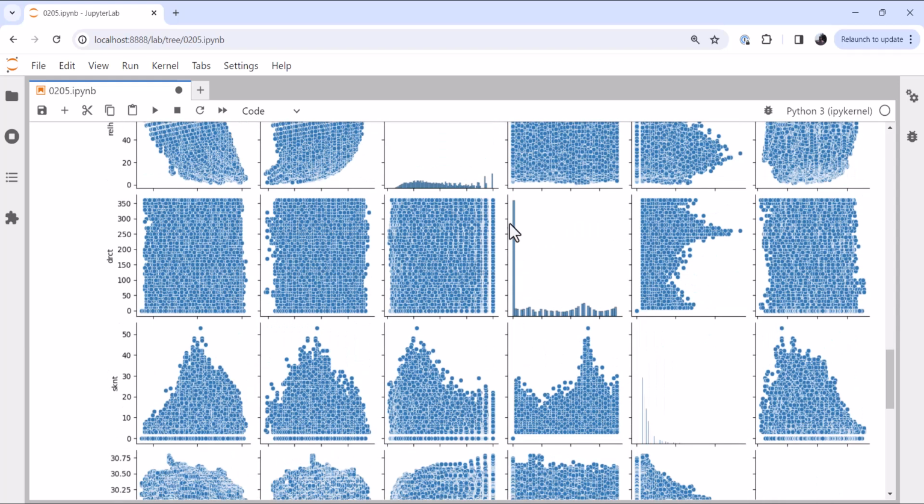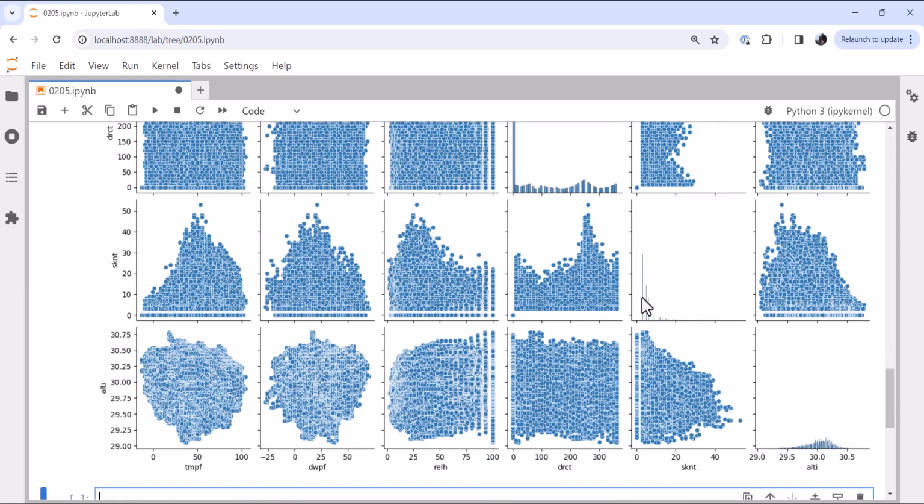Direction, a lot of readings in a pure north direction, so we'll have to look at that and investigate. Wind speeds, there's a pretty high bar at 0. And then altimeter settings, a relatively normal distribution with kind of a long tail here.